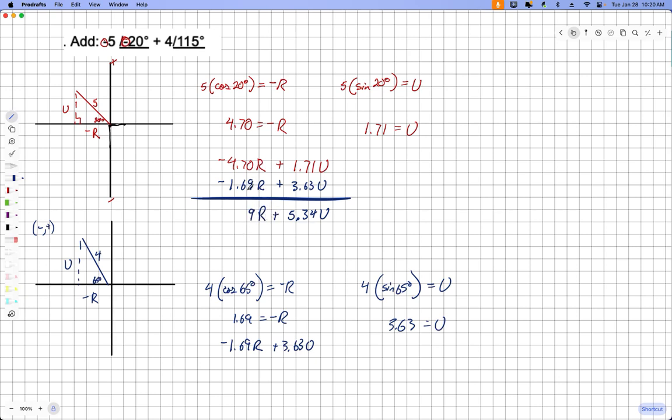So 9, 13, carry 1, that's 6, that's a negative. Negative 6.39r, and the reason I add them together, they're both the same sign. That's our solution. This right here is our solution. Negative 6.39r plus 5.34u.